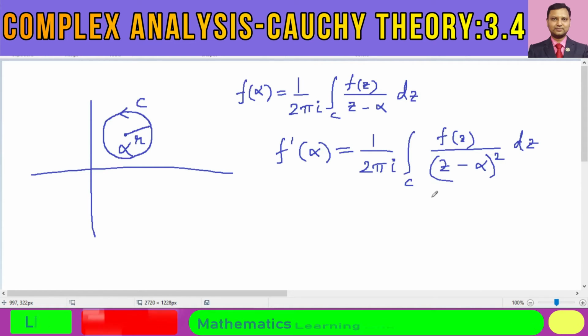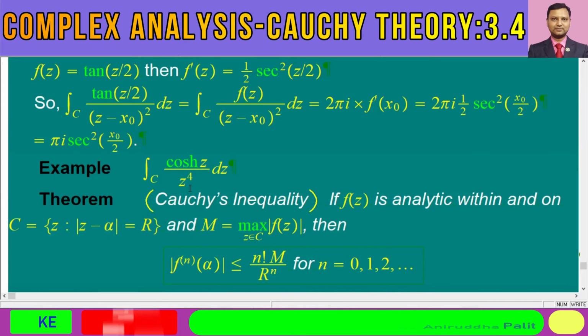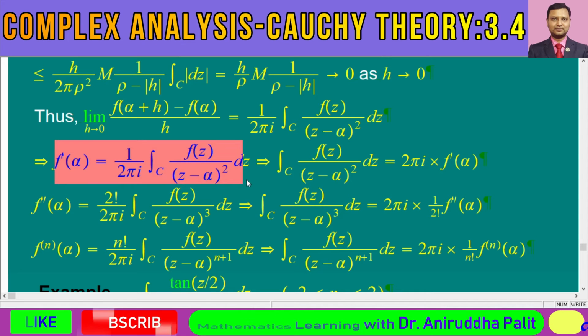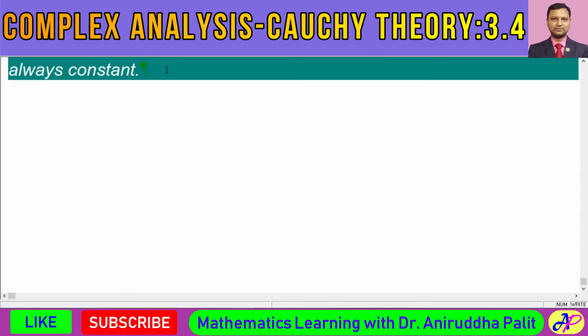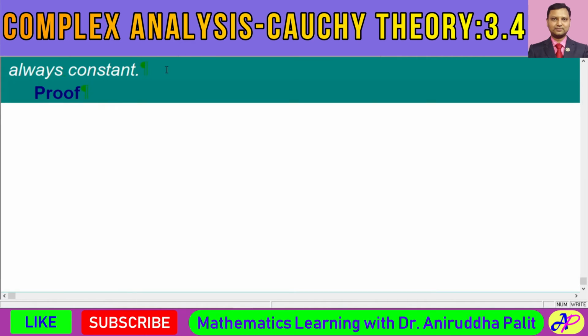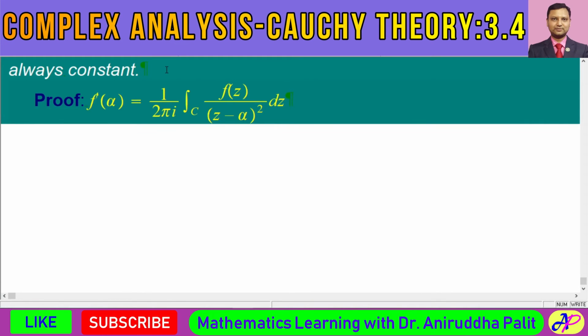Let me write this expression over here because I already have these expressions, so let me just copy and paste them. So this is the expression of f dash alpha.